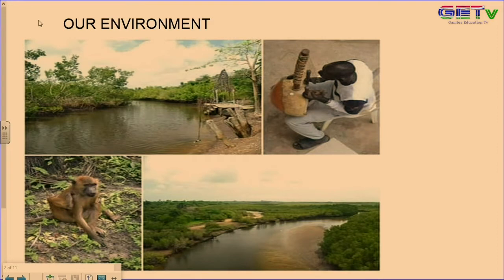Now the animals, on the other hand, are used by man or are used by people. Some of these animals serve as a source of food to us. That is, we kill and eat them.